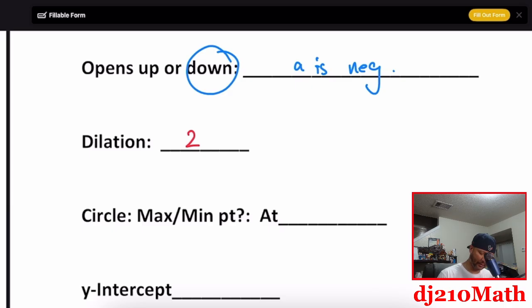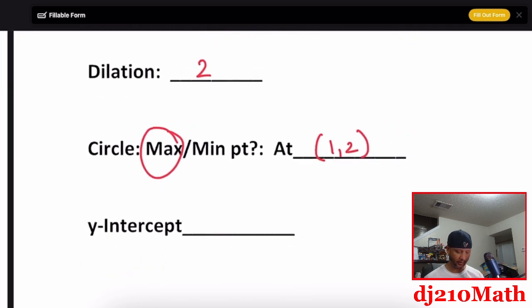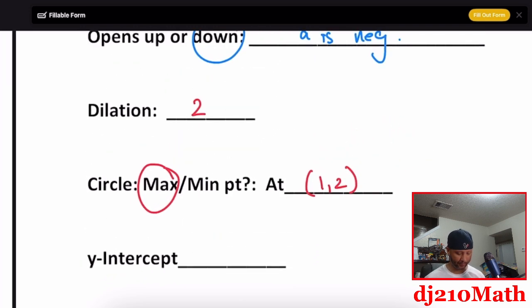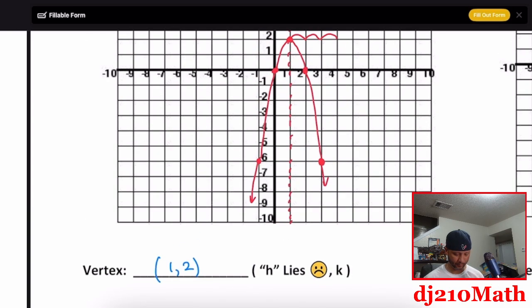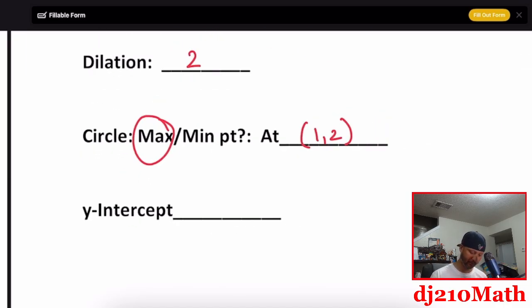Since it opens down, it has a max point, which is at the vertex, which we said was 1, 2. Is that what we said? Yeah, we did. All right. And the y-intercept, the origin, 0, 0. That's nice.